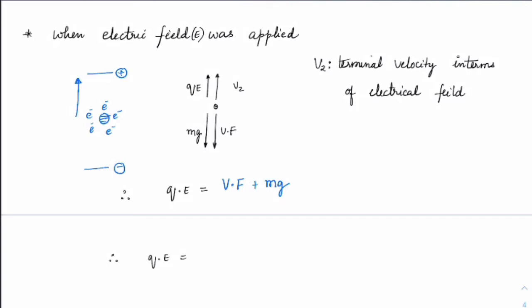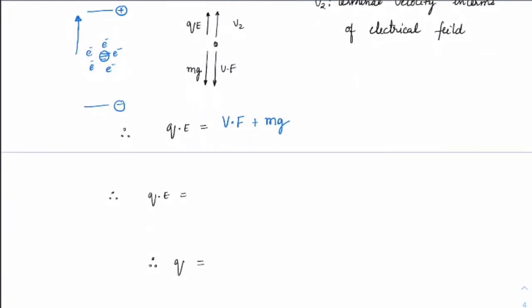Which means when you have the electrical field applied, a new terminal velocity comes, which is V2. So now QE would be equal to viscous force, which we have learned as 6 pi eta R V2, plus mg.